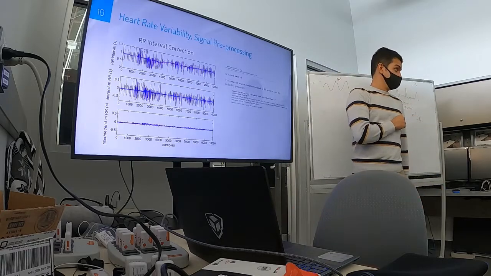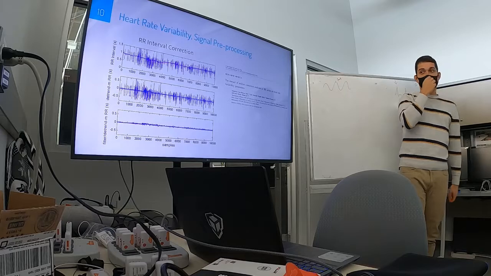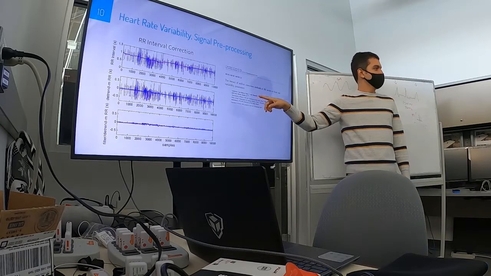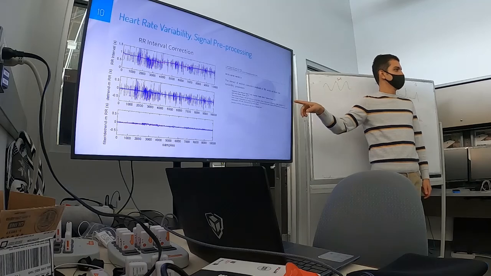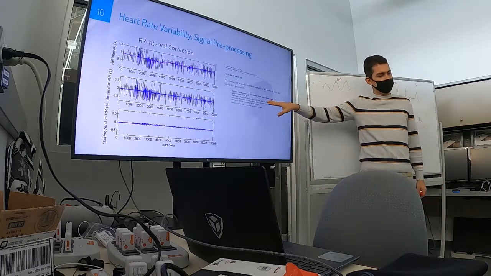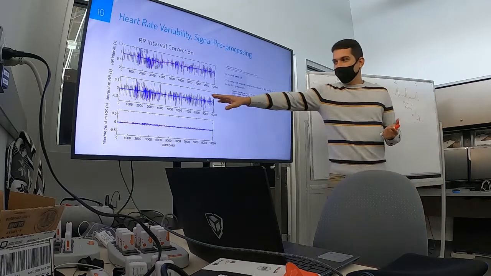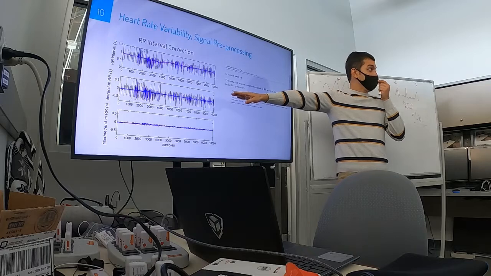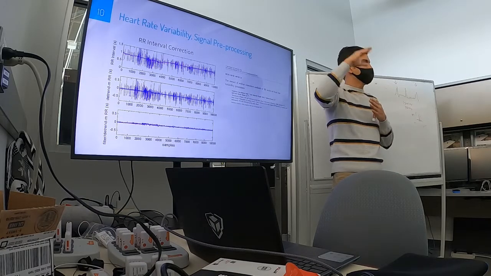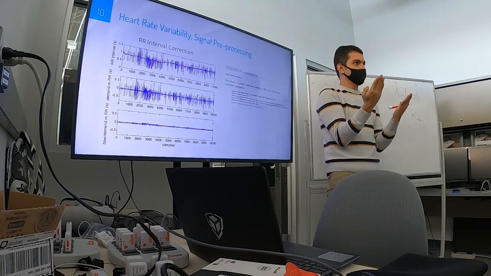If you don't remove the outlier artifacts, you will probably get significant results on something that is not real. Similar to what this paper was showing: by having a certain amount of non-corrected R peaks, you run the feature extraction, extract all the time domain and frequency domain parameters, and then make a comparison.